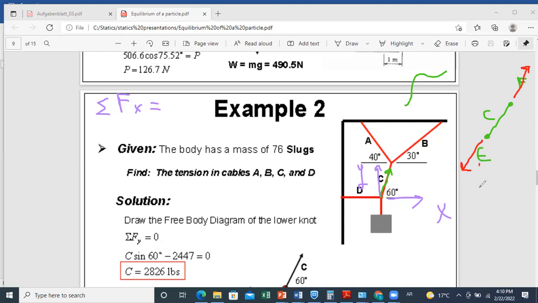So this is the force of the point E on the cable. But when I take point E as my system, the point of interest, I don't need the force of the point on the cable. I need to determine the force of the cable on the point.